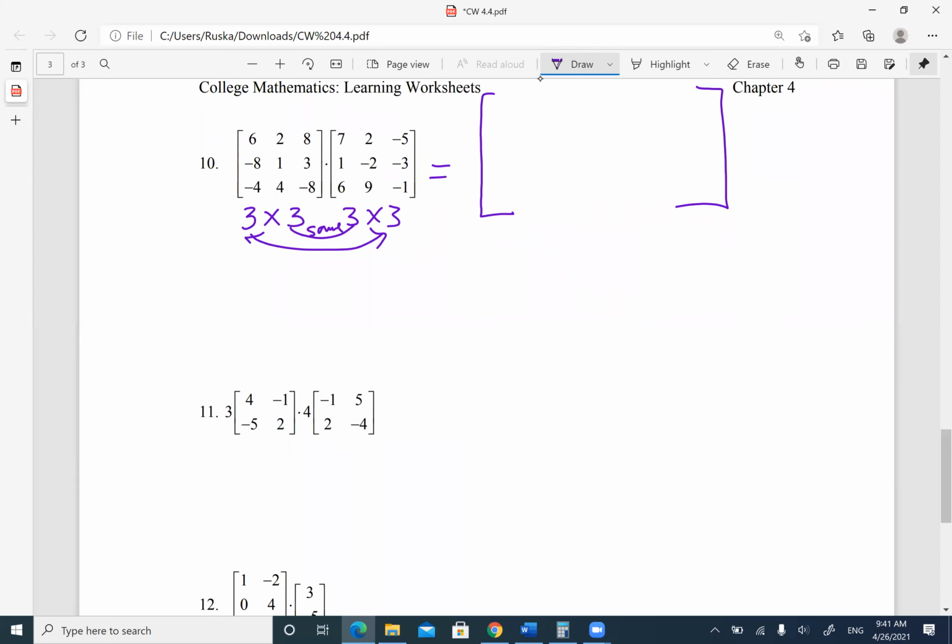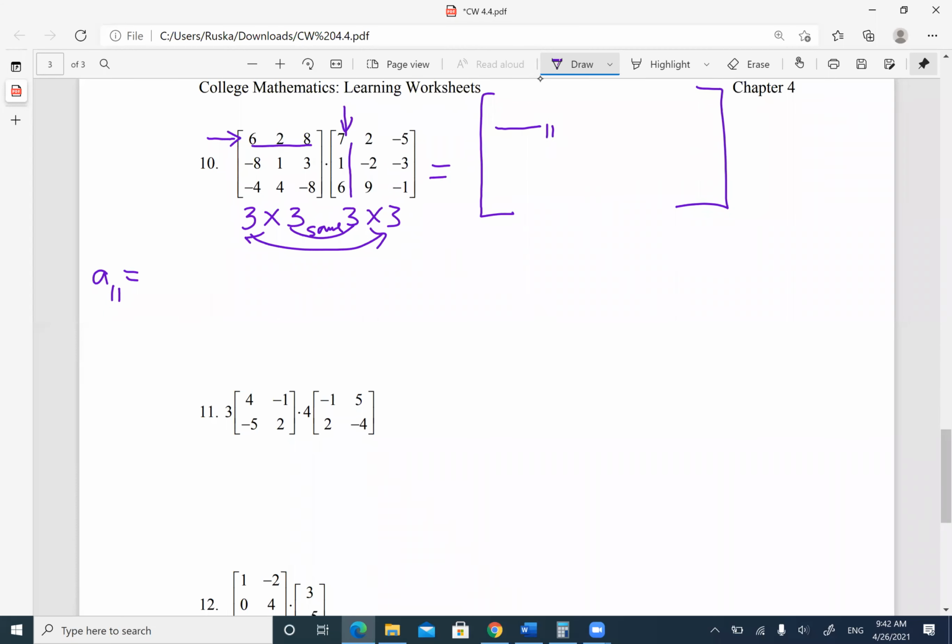So I'm going to start with the first one here. So I'm doing first row and first column. So I'm going to the first row and going down the first column. And I'm going to write it here. So element 1, 1. I'm going to write everything so you can see how that works till we get used to the operation. So first row, first column. This is the first number here.